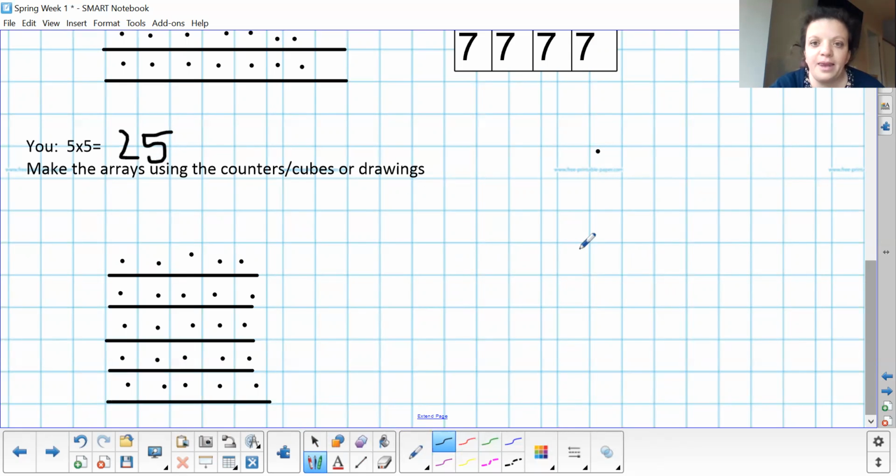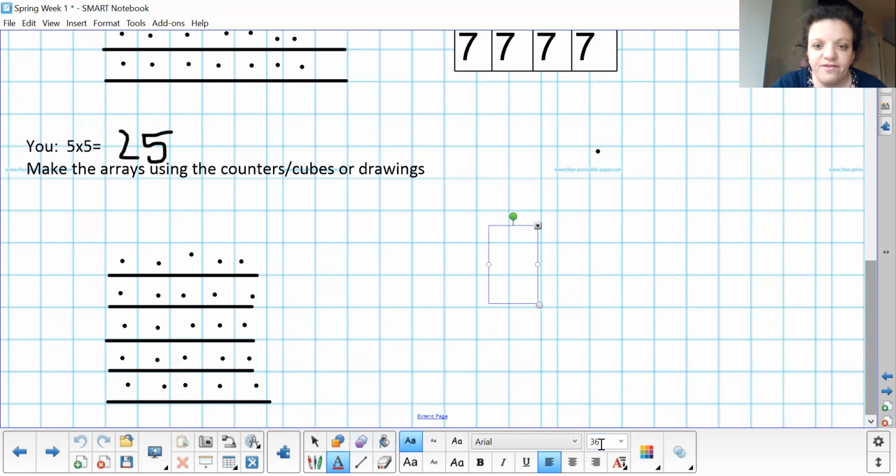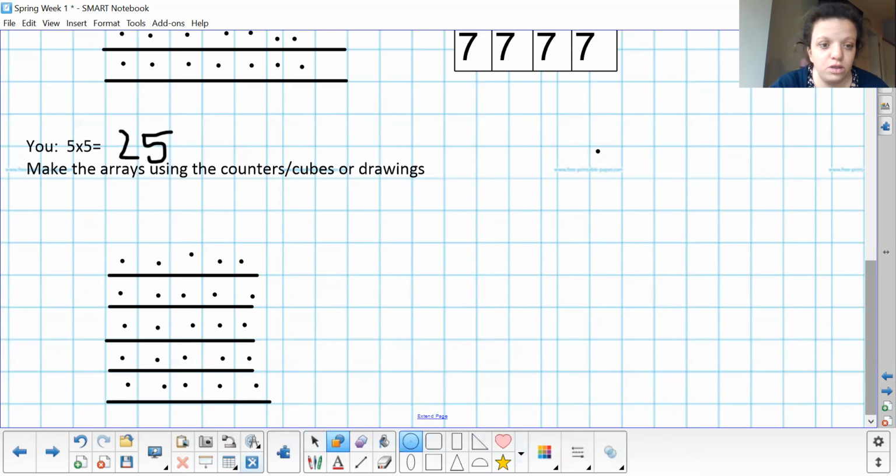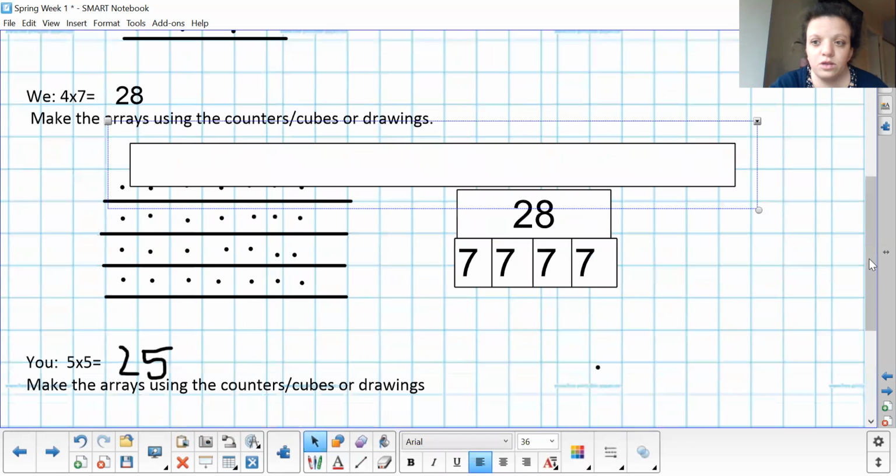Fantastic. Right, okay, and I'm going to draw my part whole over here. I'm going to put 25 as my whole. And then I'm going to write 5 parts that are each going to be 5.